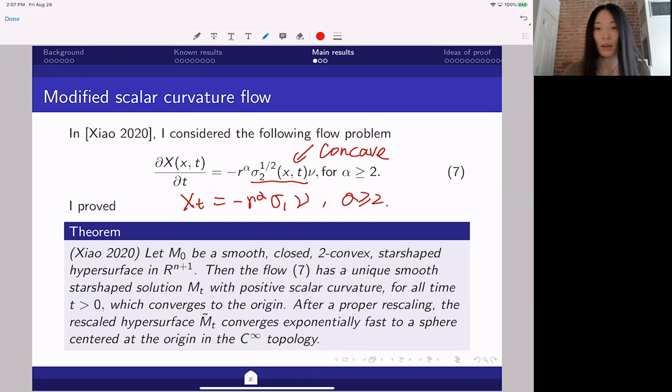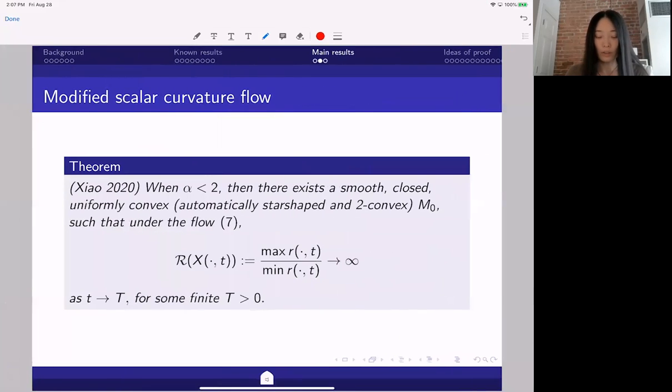And alpha greater than or equal to 2 is optimal in the following sense: when alpha is less than 2, we constructed a counterexample. We find a uniformly convex initial hypersurface. Because it's uniformly convex, it's automatically star-shaped and 2-convex, since uniformly convex means that every principal curvature is greater than 0.